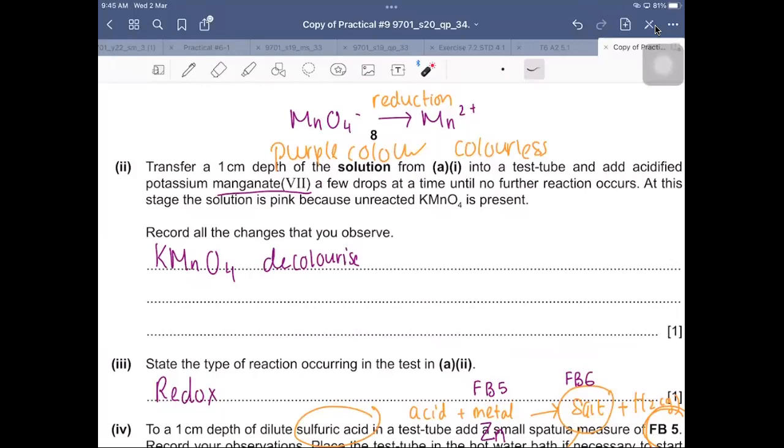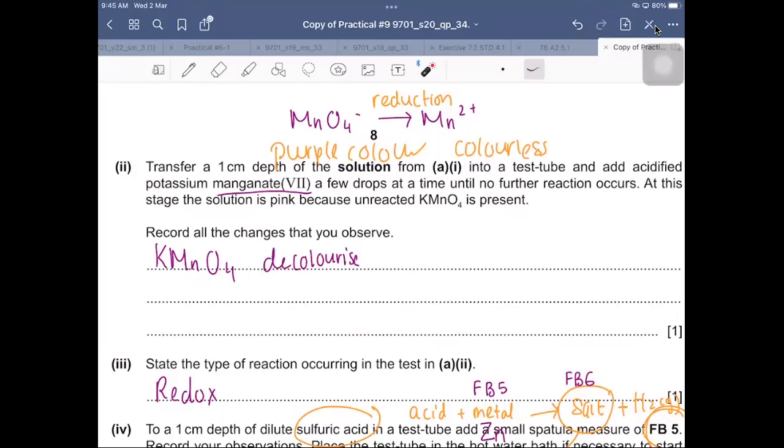That is the original color of potassium manganate. Of course, your colorless solution, when you add potassium manganate, turns purple. But if you were to write down this observation, do not say the colorless solution turns purple, because that's not a change. If you say potassium manganate stays purple, then that's correct.